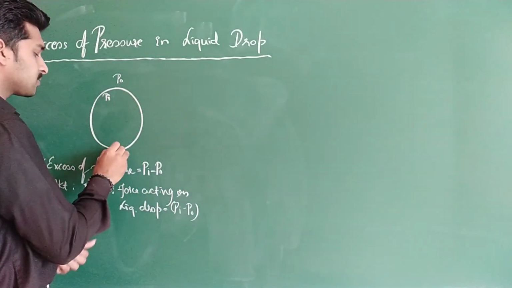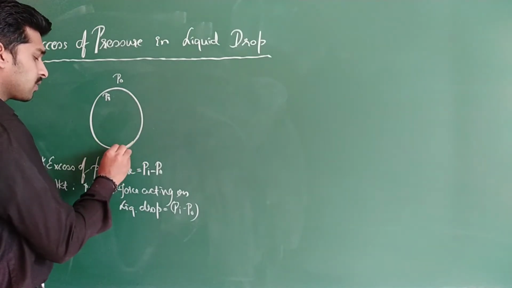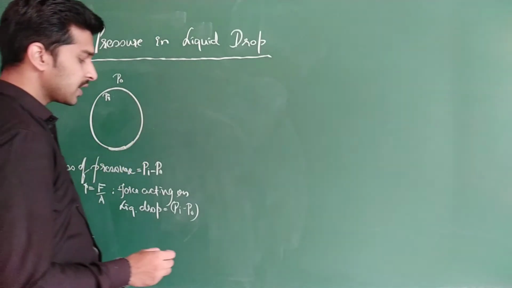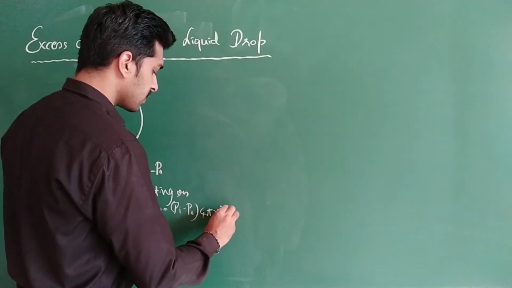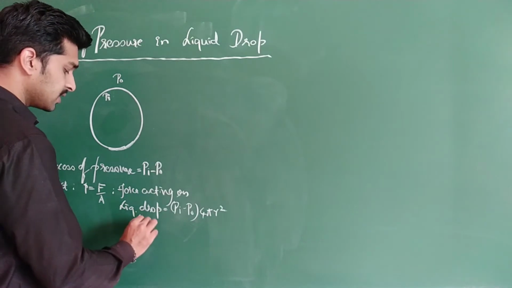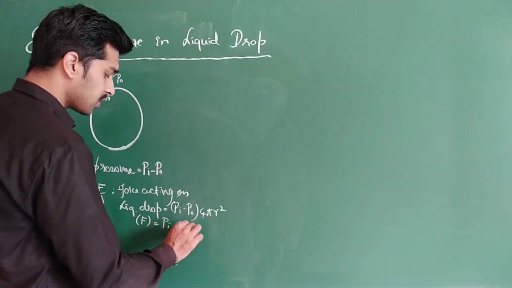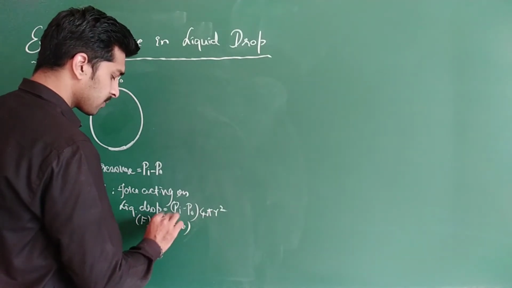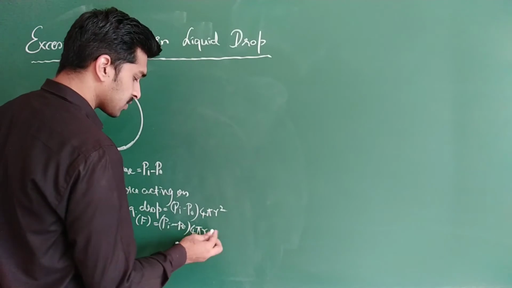Area for this liquid drop, what is the area? 4 pi r square. So this is nothing but F. F is equal to Pi minus P naught into 4 pi r square.